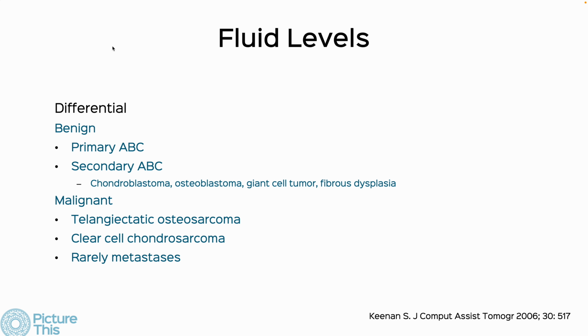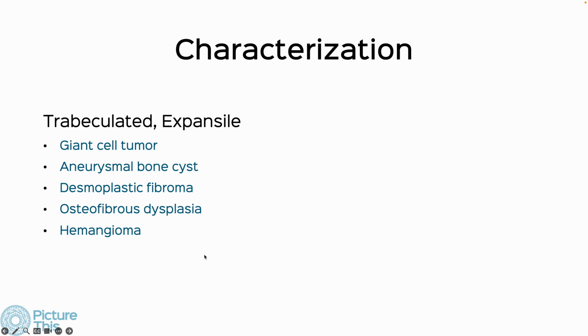So fluid levels can be primary ABC, or you can have them in other benign tumors like chondroblastoma, osteoblastoma, GCT and fibrous dysplasia. Then you have fluid levels in malignant tumors. But remember, those malignant tumors will appear malignant, as with the humeral telangiectatic osteosarcoma I just showed. And then you can get them in clear cell chondrosarcomas and very rarely in metastatic disease.